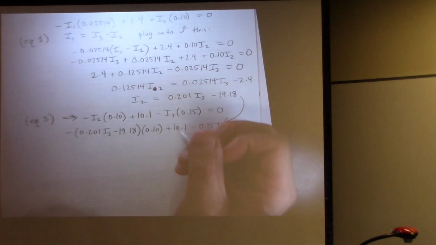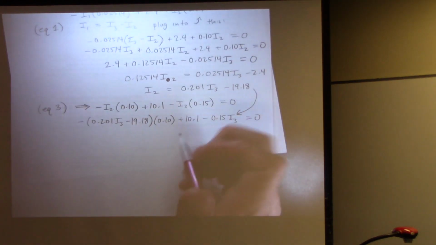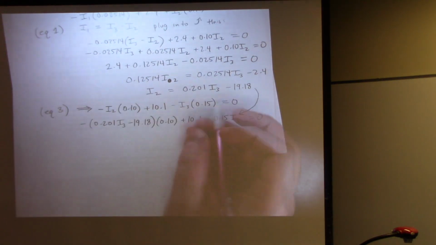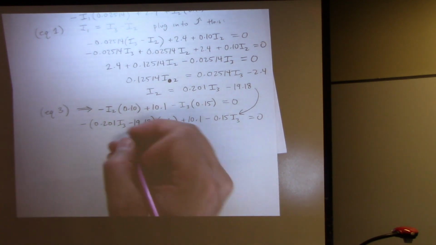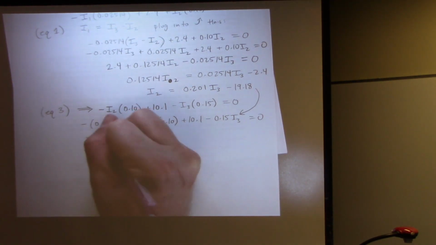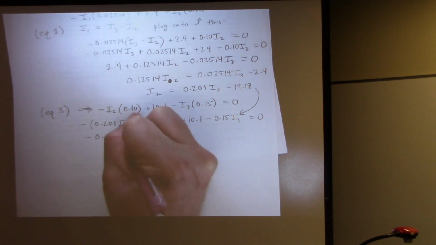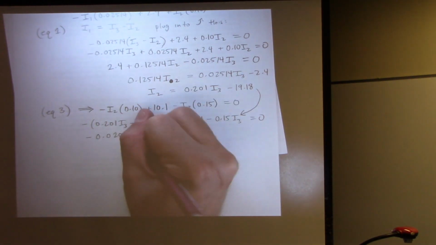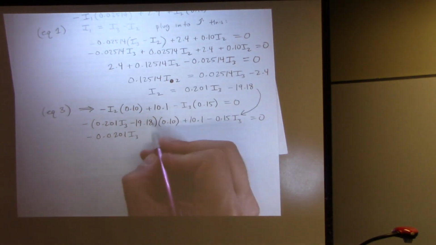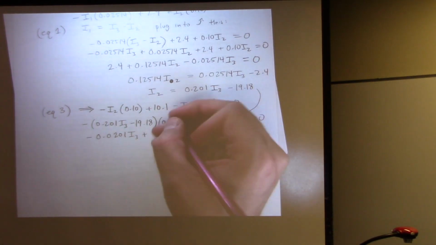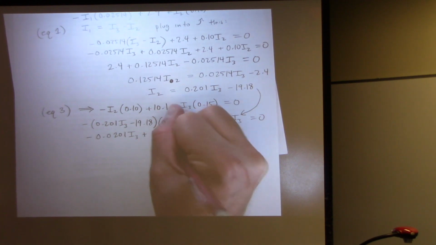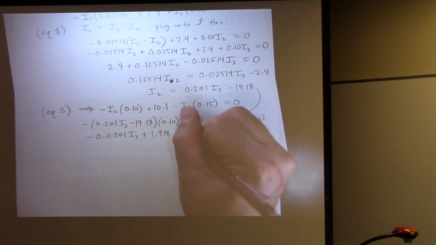All right. So we're on the home stretch on this one. If we distribute the 0.1 into the parentheses, we've got minus 0.0201 times I3. And for the second term, because we have two negatives, we have a positive 1.918. Then we have positive 10.1.